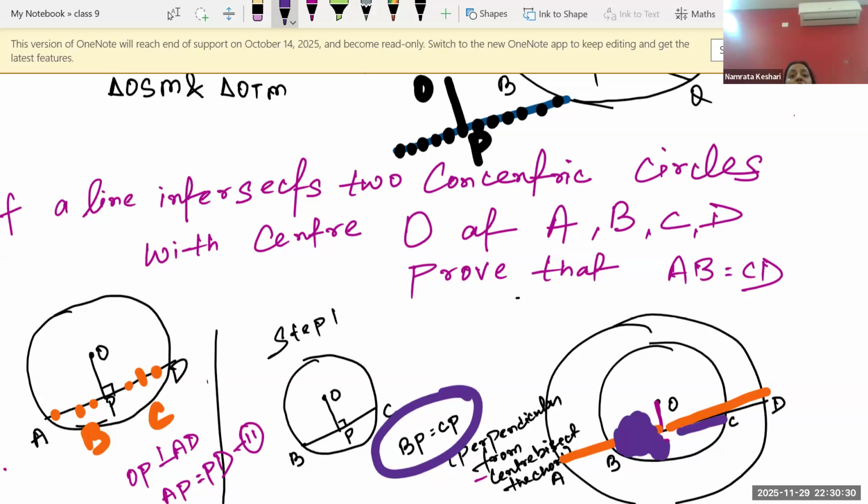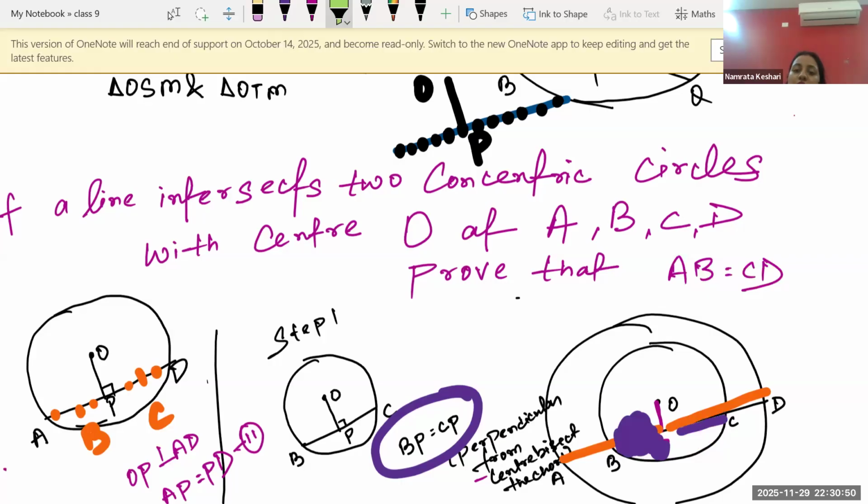And from the other one, if I delete that purple part, can you see you are getting CD? This is what you were supposed to prove. Making sense to all of you?